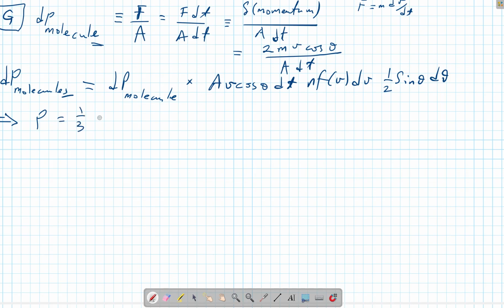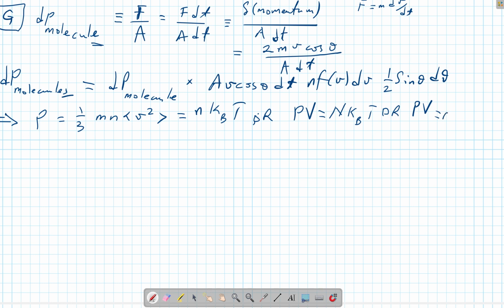We have seen it is 1/3 nm times the average of velocity squared, or one can write it as n kbT, using the expression for the average velocity squared, which we have derived earlier. And this can be written in several forms as PV = n kbT, or PV = nRT.